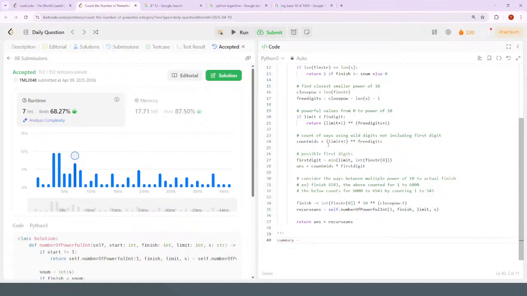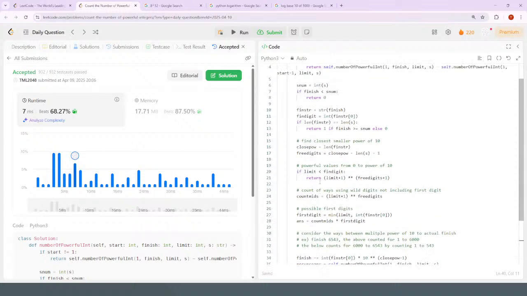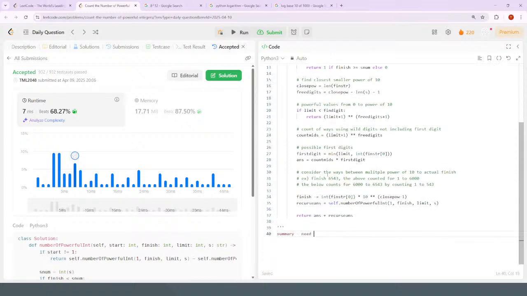Summary. You need to work through permutations and counting principles, but the key parts here are, one, function of start to finish is equal to function from 1 to finish minus the function from 1 to start.